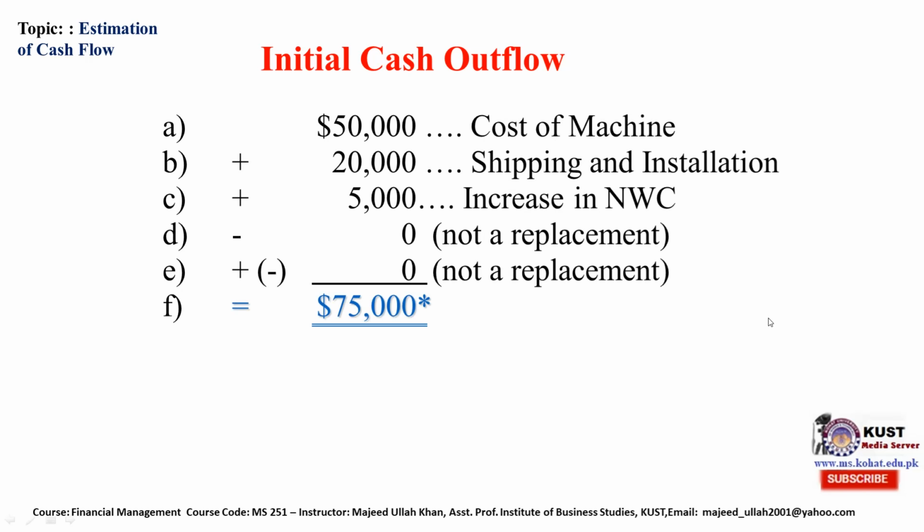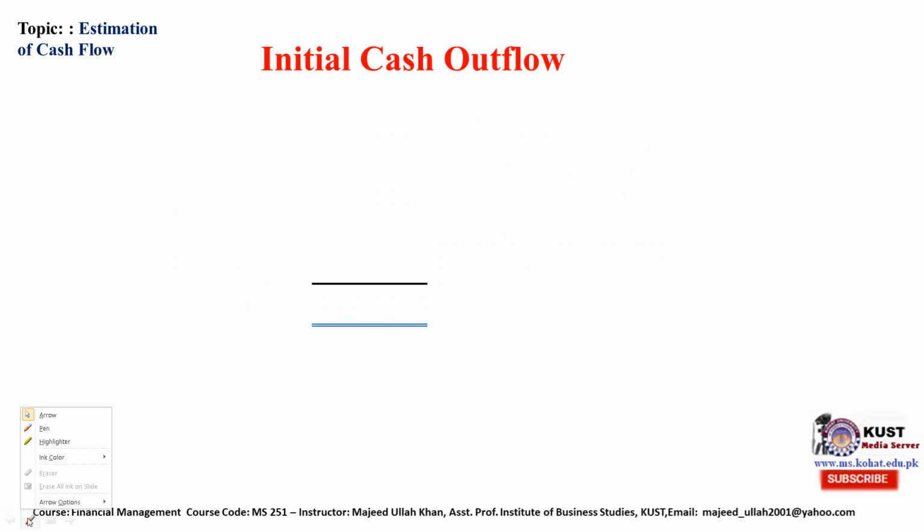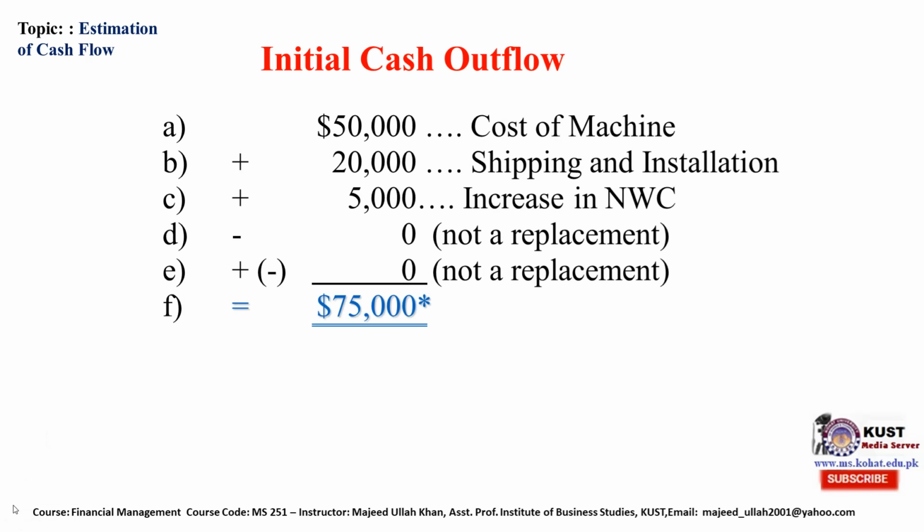Moving further, we'll calculate the initial cash outflow. First of all, the cost of the machine is 50,000. Shipping and installation, meaning capitalized expenditure, is 20,000.